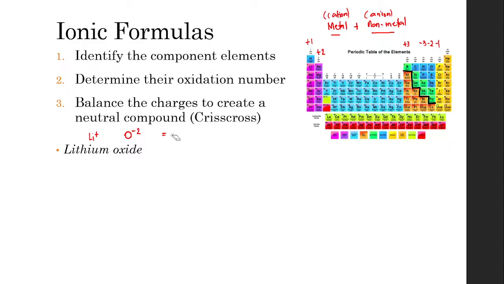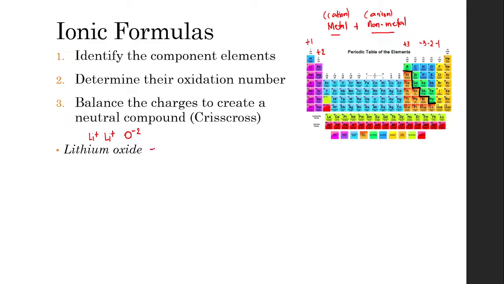So we need to add a few more of these elements in order to balance the compound, which in this situation, we need to add one more lithium. So that's 1 positive, another 1 positive. It will give you positive 2, and then you have your negative 2. Positive 2 plus negative 2 will give you 0.